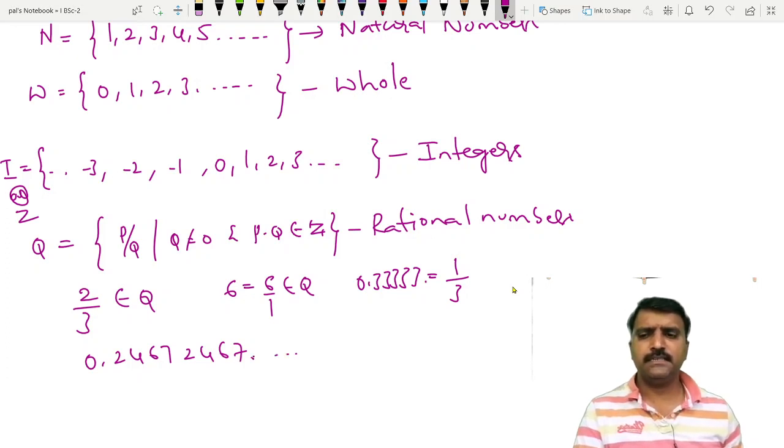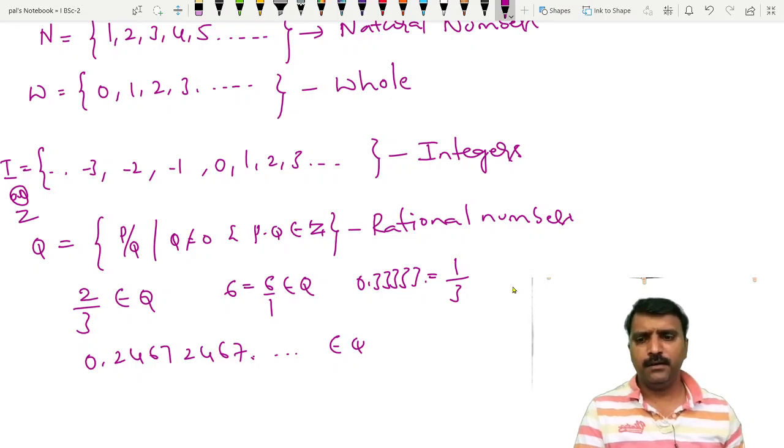So this is the set. This number belongs to Q. Such numbers are in Q, because they can be expressed as integer by integer. A number that is non-recurring, non-repeating cannot be expressed as integer by integer.